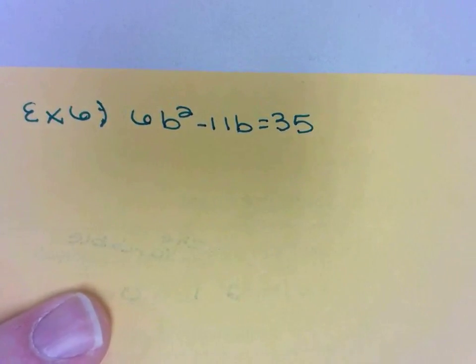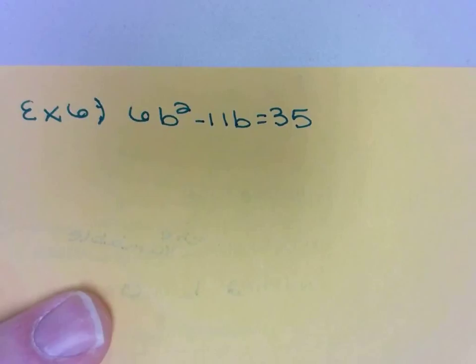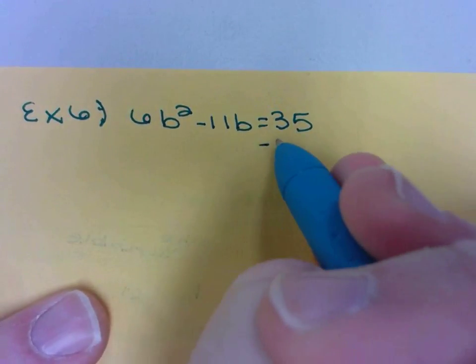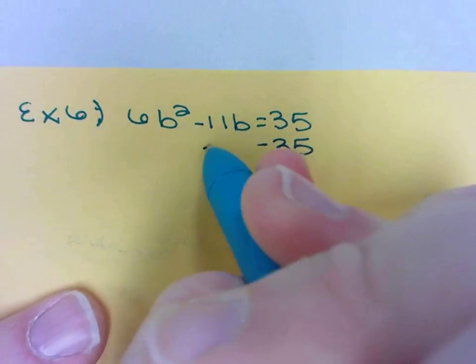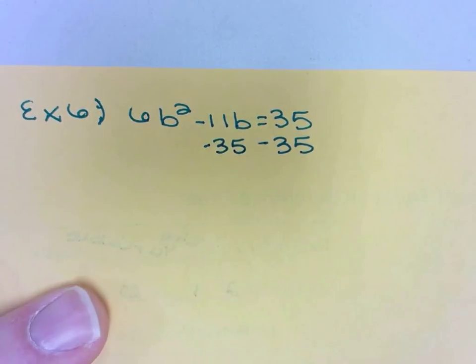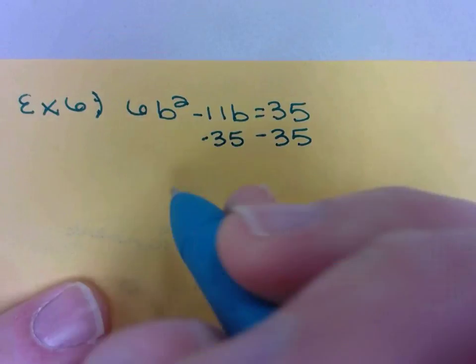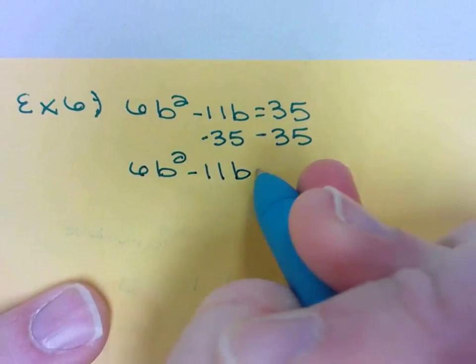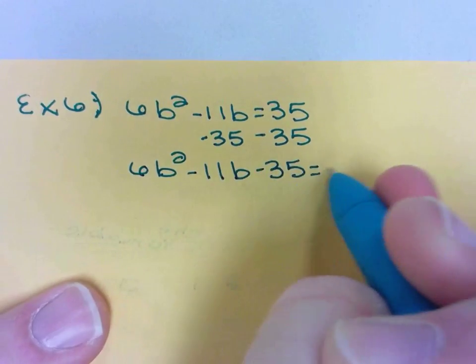Why can I not do square root? What term? Negative 11b. There's the single b. Cannot do the square root, so I move on to factoring. Let's set it equal to 0. Whether I factor or do the quadratic formula, I need to set it equal to 0 anyway. So 6b squared minus 11b minus 35 equals 0.